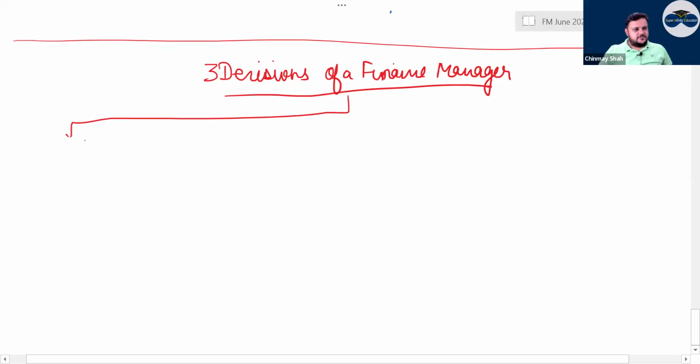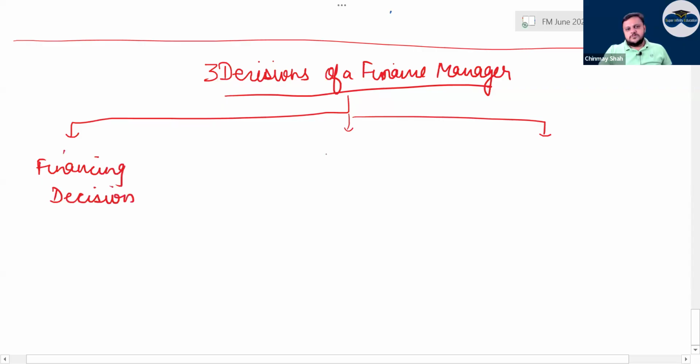One is the financing decision. One is the investment decision.